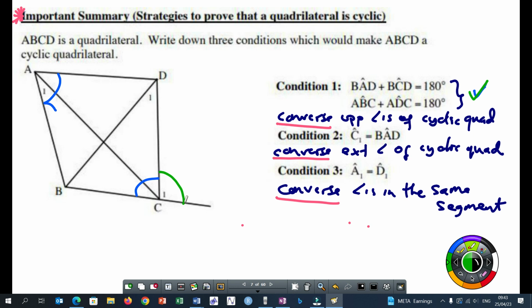So if you identify an exterior angle, and if that exterior angle is equal to an interior opposite angle, then you can conclude that the quadrilateral is cyclic.